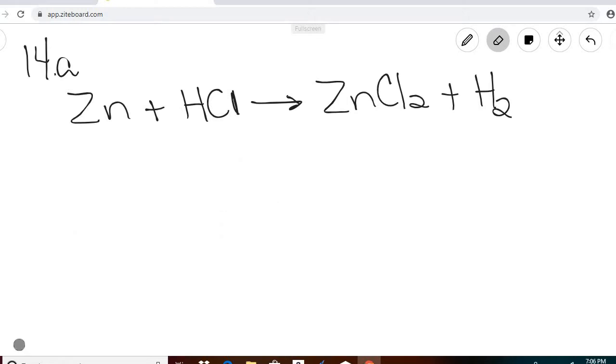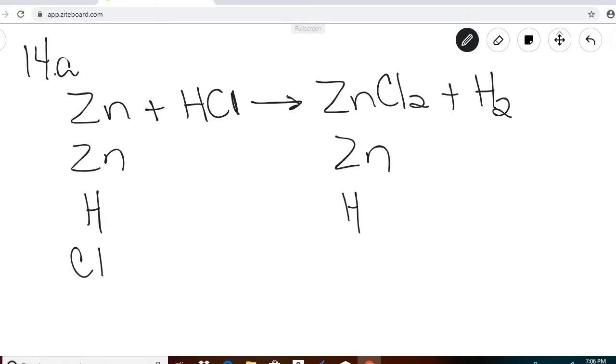Okay, so that's the equation, and now all we have to do is balance it. So on each side we have zinc, hydrogen, and chloride. So on this side we have 1 zinc, 1 hydrogen, 1 chloride. Over here we have 1 zinc, 2 hydrogens, and 2 chlorides. So we just need to double everything over here.